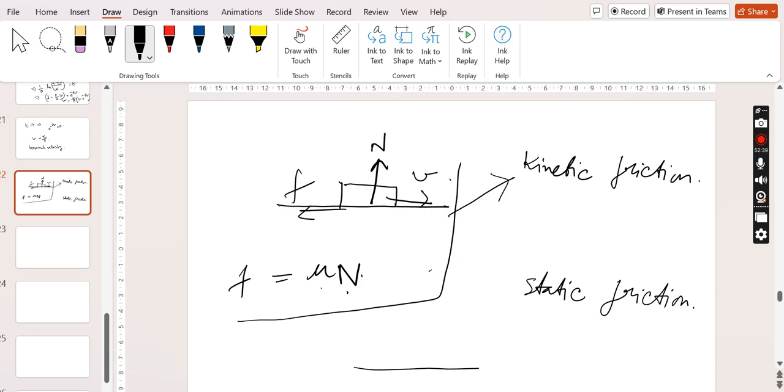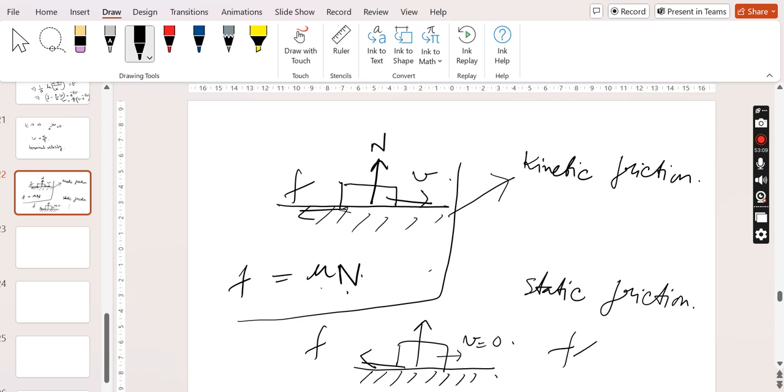For static friction, the system will not be sliding. But basically, N will be in the perpendicular direction of the surface, where v is equal to 0 and the frictional force F will be less than or equal to mu N. That is static friction.